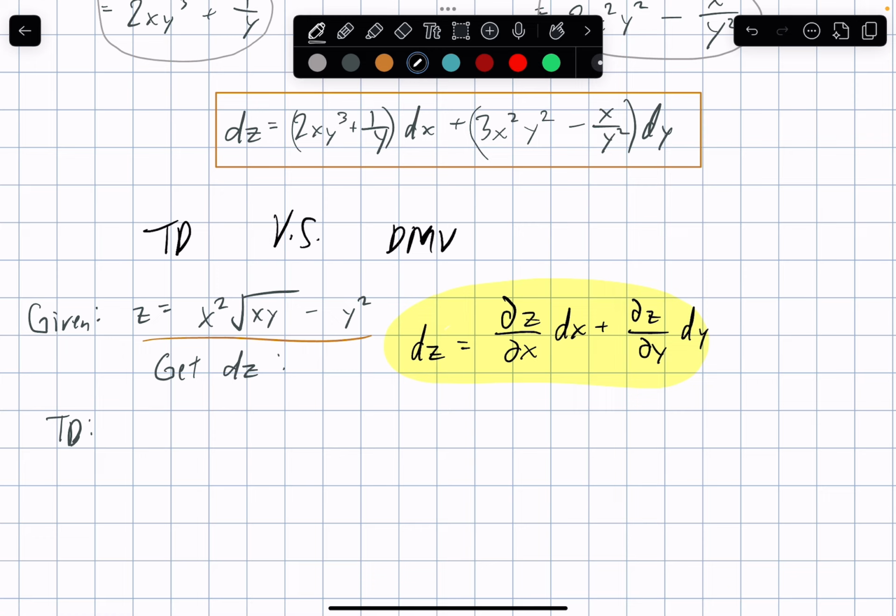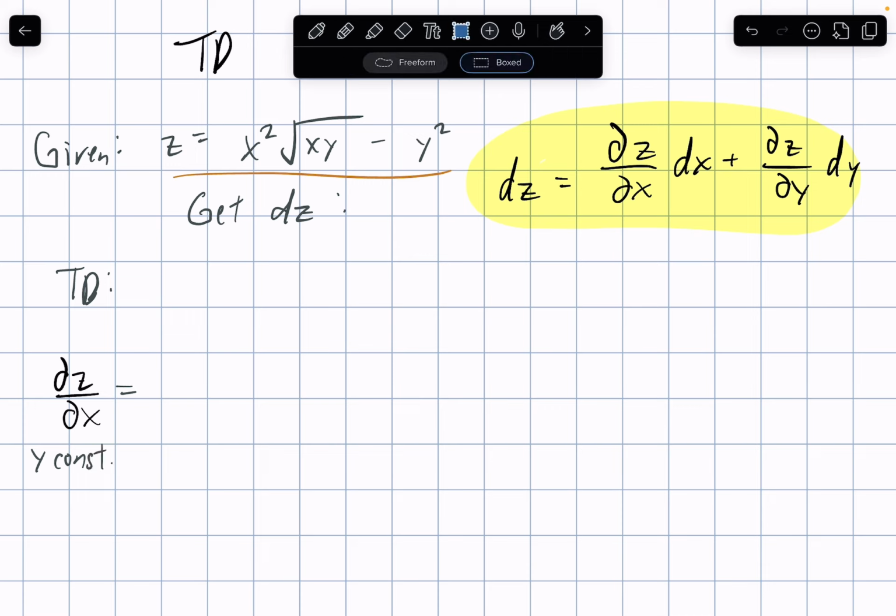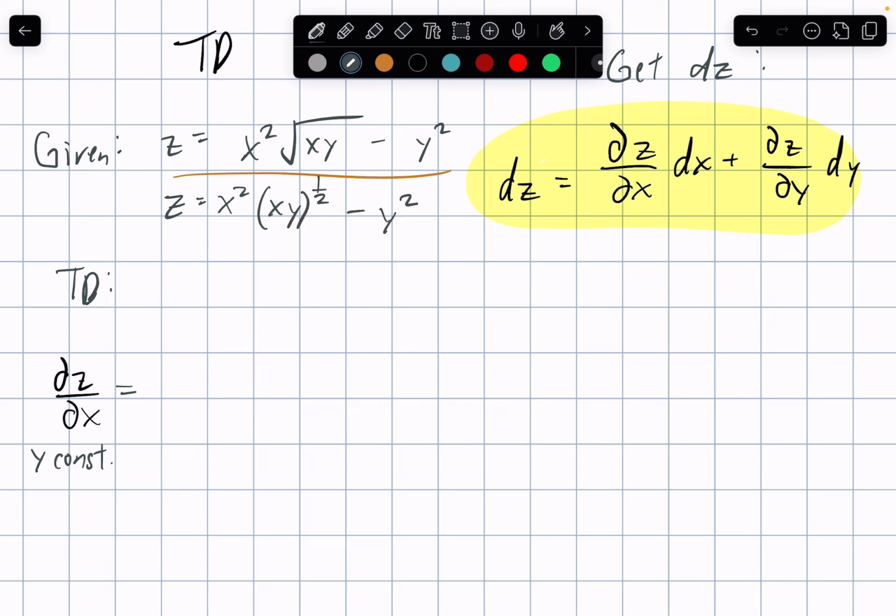So using total differentials, I'll be solving for partial z over partial x. We're gonna consider y as a constant. We could rewrite the example as x squared times xy raised to 1 over 2 minus y squared.